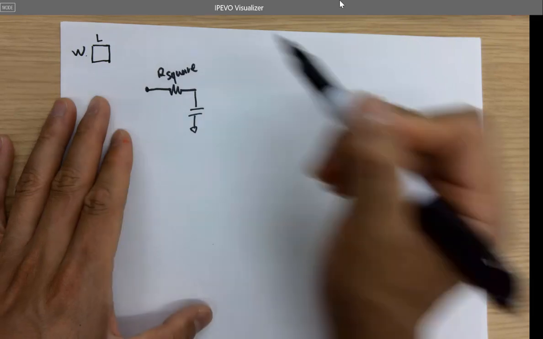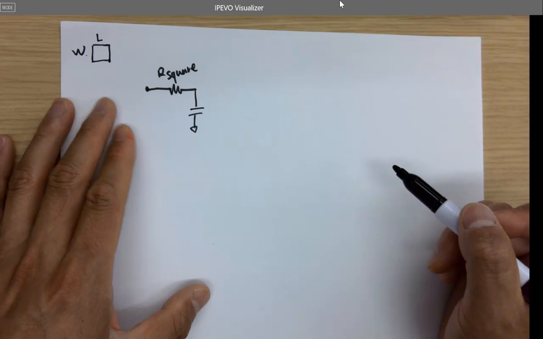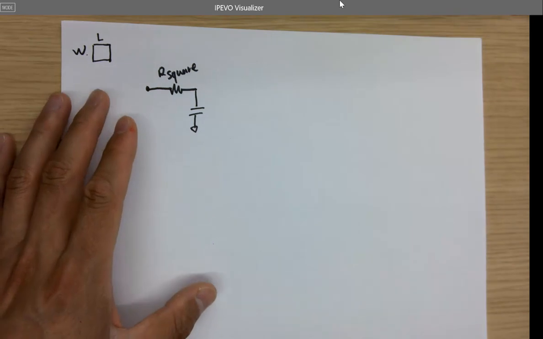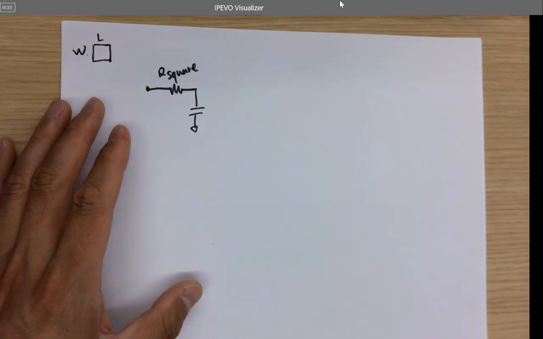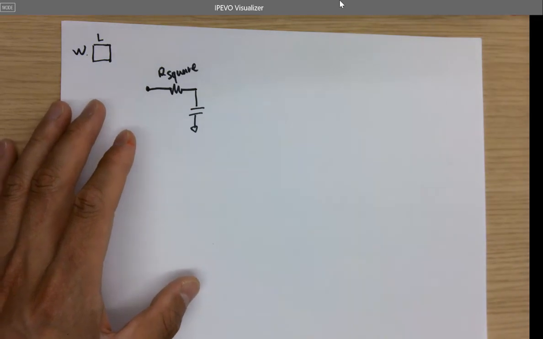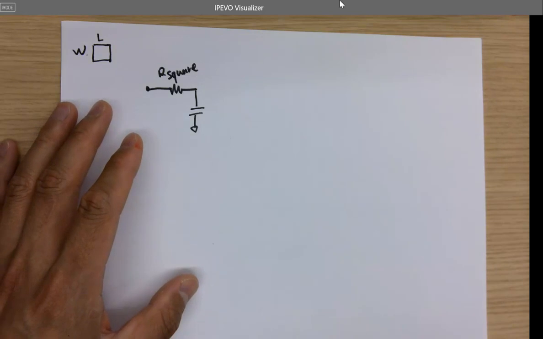So you know exactly the footprint of it. If you know the width, you get the length because it's a square. If you have the width and length, you know the footprint. If you know the footprint, you get the capacitance, because D is a constant.